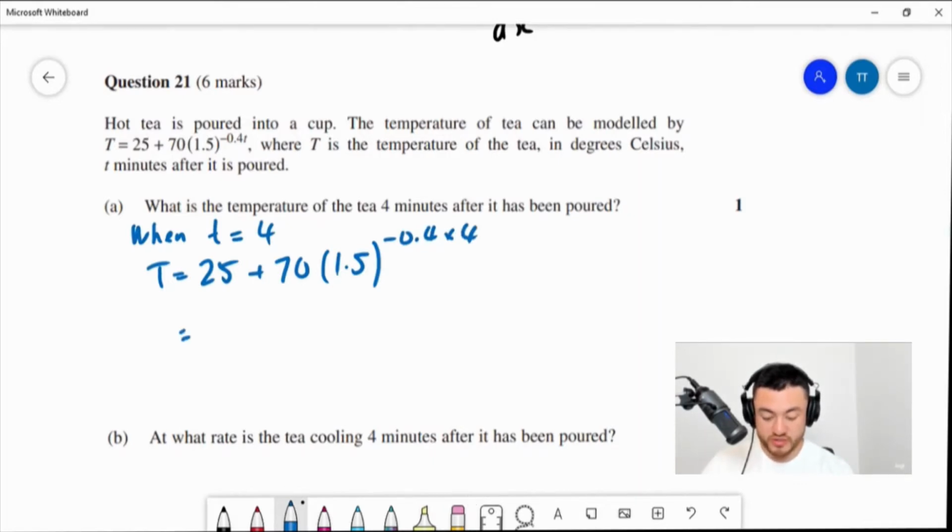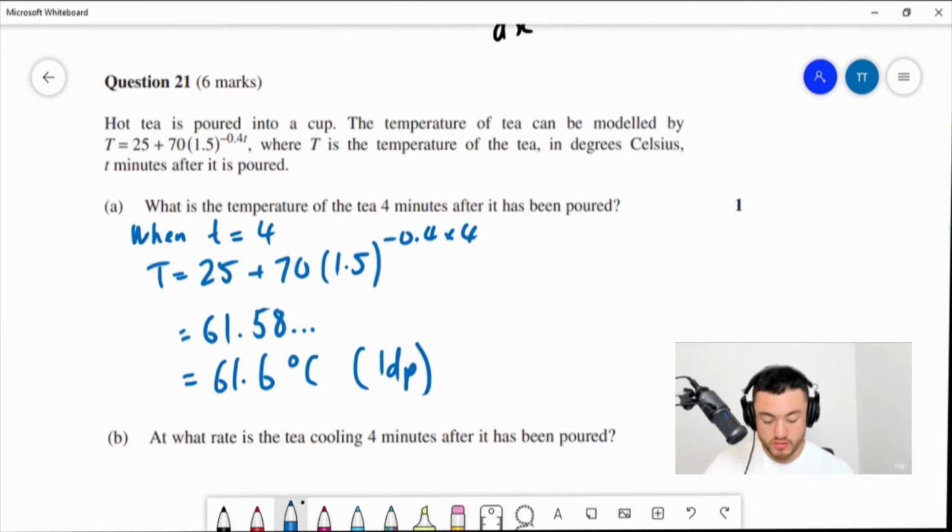That should be something we can all just straightforwardly put into our calculator, and we're going to get 61.58 and so on. Let's round this to 1 dp, leaving us with 61.6 degrees Celsius to 1 dp. All right, so 1 mark.